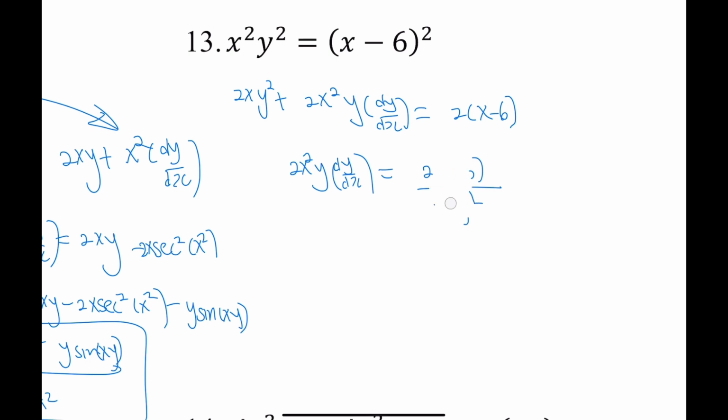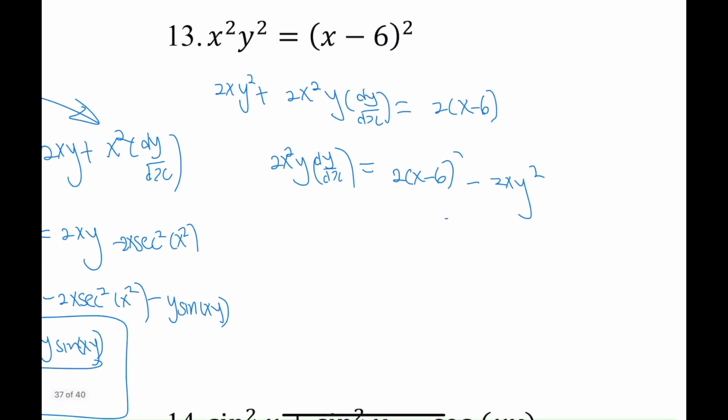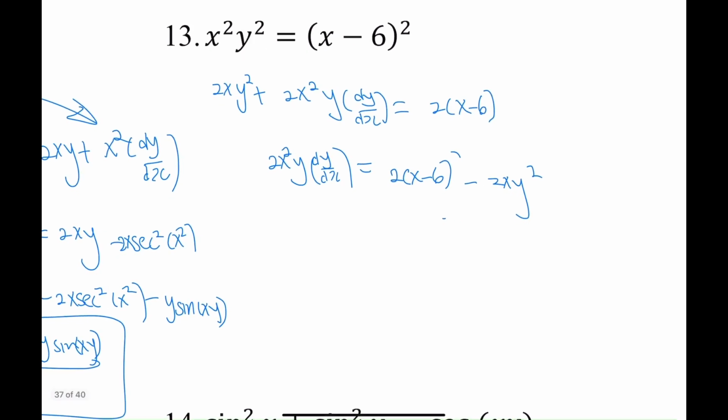Nope, that is not right. Oopsies. Minus 2xy squared, right? Okay. And then dy over dx would essentially be 2x minus 6 minus 2xy second and then 2x squared y.